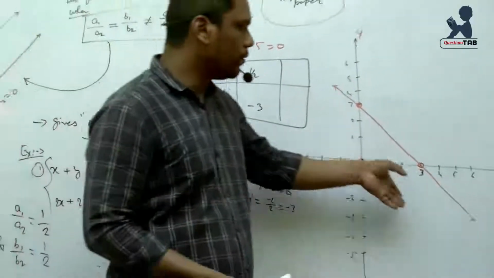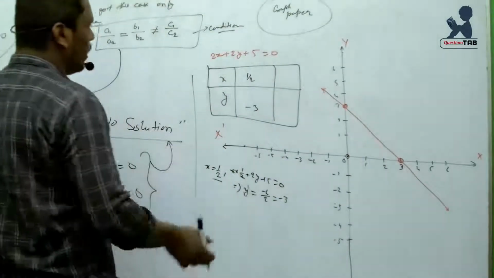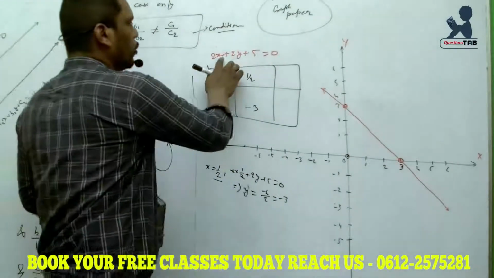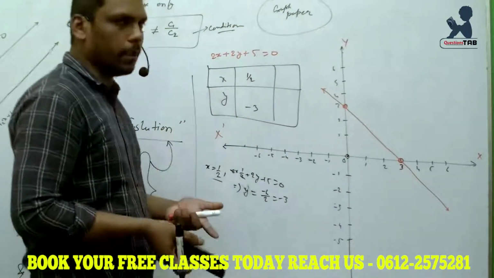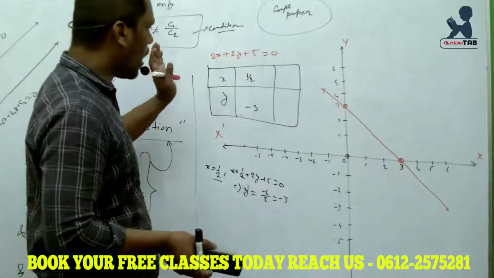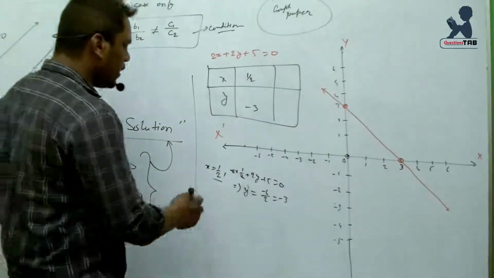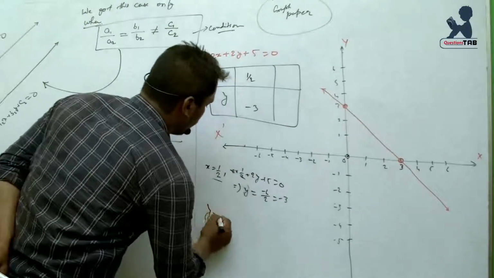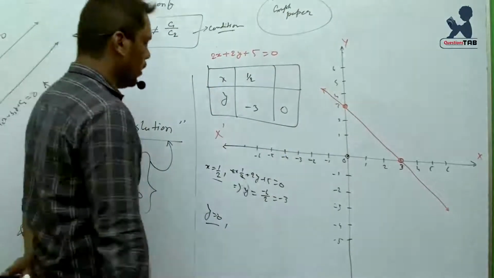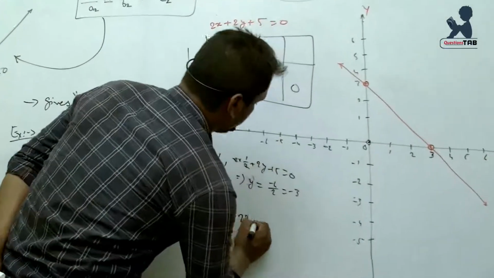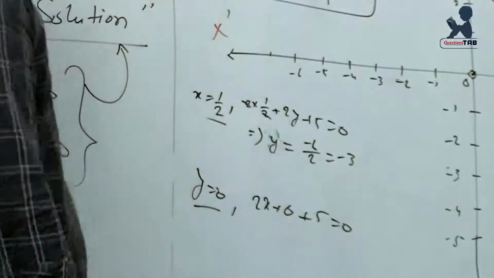You can take the values of x and y as your choice; it's not mandatory to choose any particular number. Likewise, if we take y equals 0, then we get 2x plus 0 plus 5 equals 0.